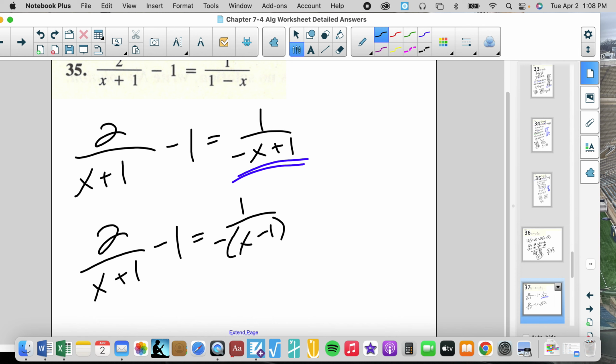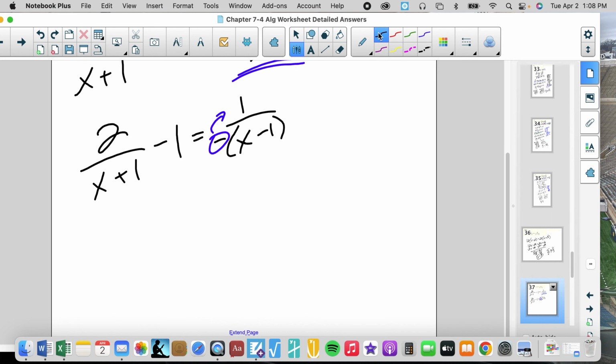And then I'm going to pull this negative and bring it up there to the 1. So I'm going to do this. 2 over x plus 1 minus 1 equals negative 1 over x minus 1.